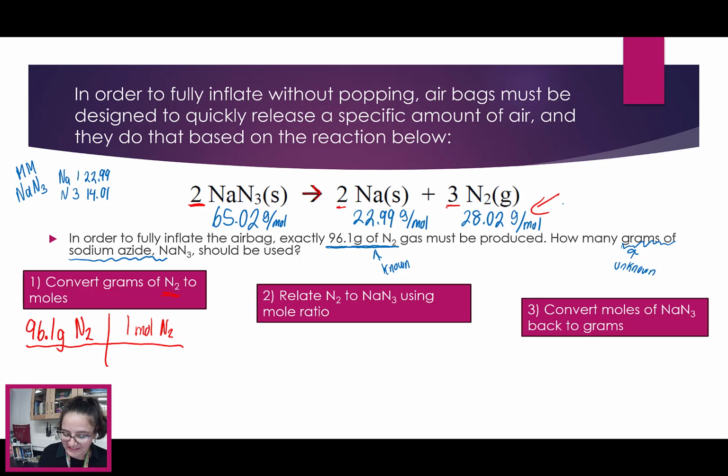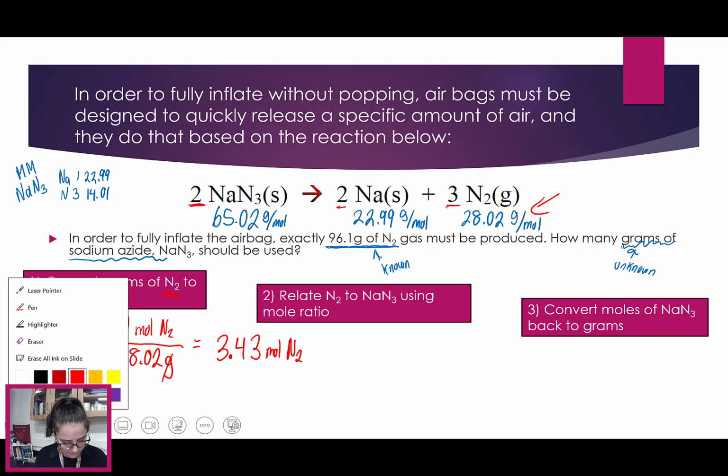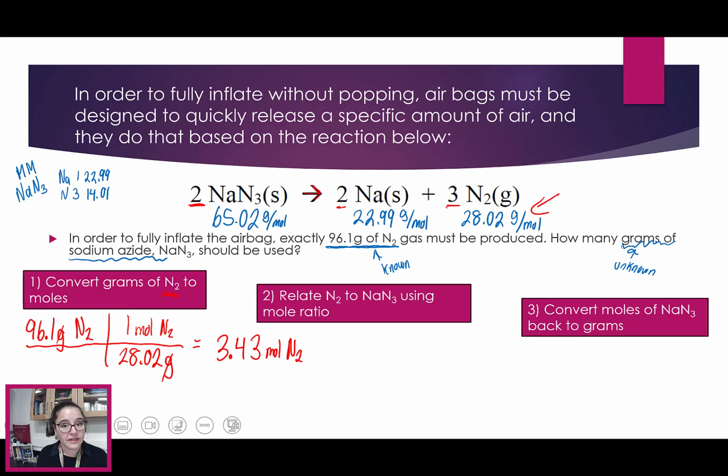It's N2, so I should be using the 28.02. 28.02 grams is 1 mole of nitrogen gas. So 96.1 divided by 28.02, and the gram units cancel out. I have 3.429, so I'll say 3.43 moles of nitrogen gas. So that's how many moles of nitrogen gas need to be produced to fill the airbag.